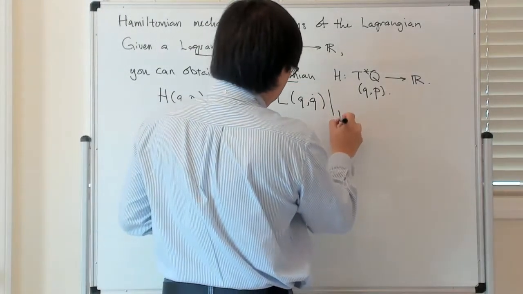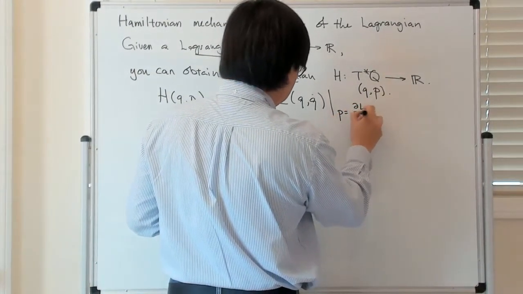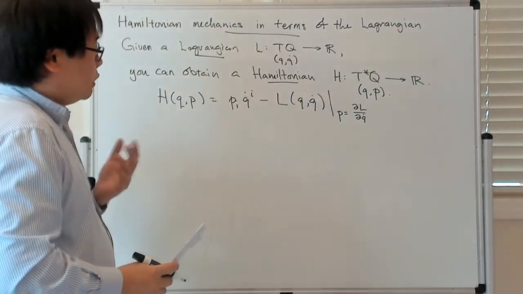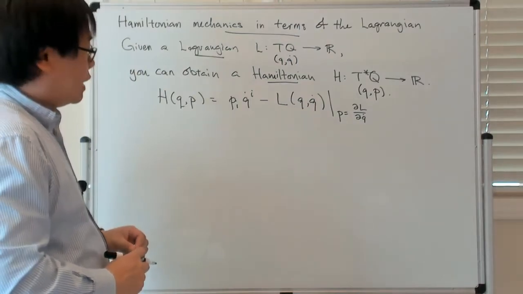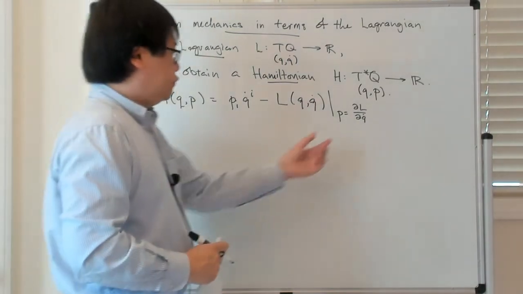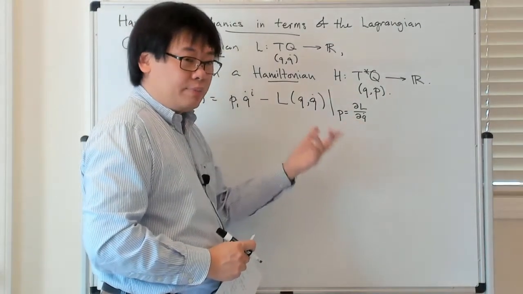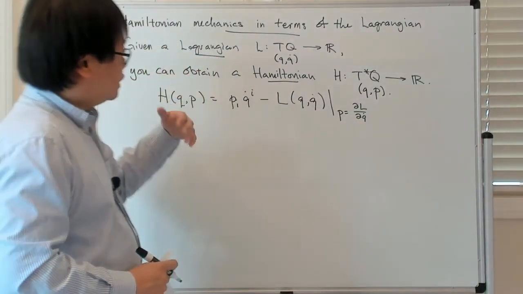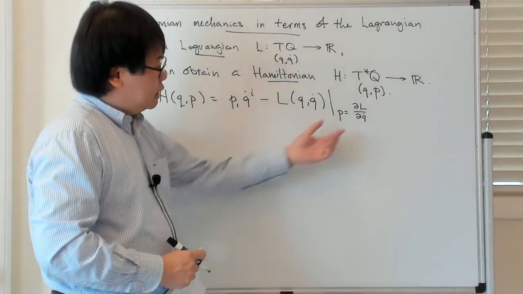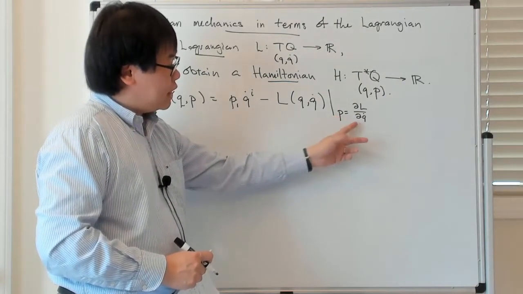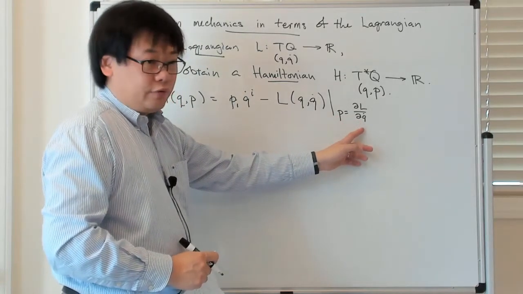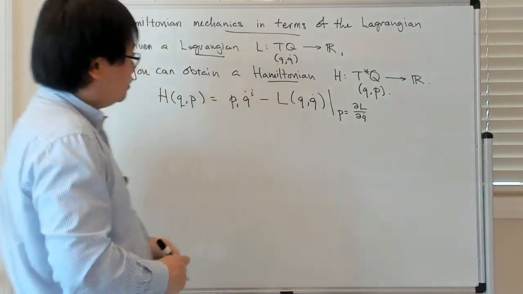So you require that P is equal to dL/dq dot, which is an expression we saw before when we were describing Lagrangian mechanics and the Lagrange equations. Okay, so if the Lagrangian is what is called hyperregular, which more or less means that the associated Legendre transform is invertible globally, then you can use this relationship to figure out what Q dot is in terms of Q and P.